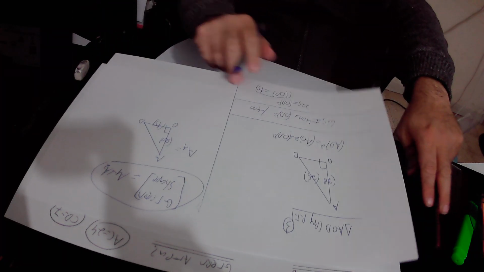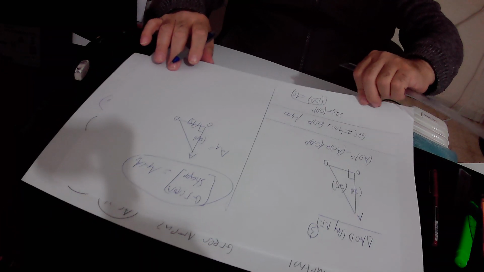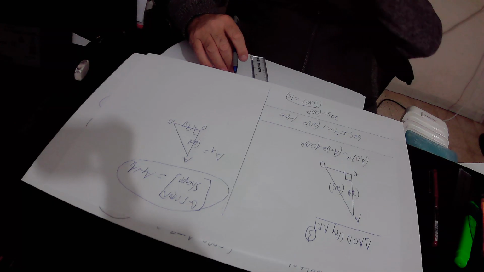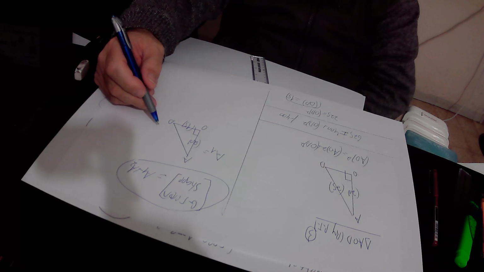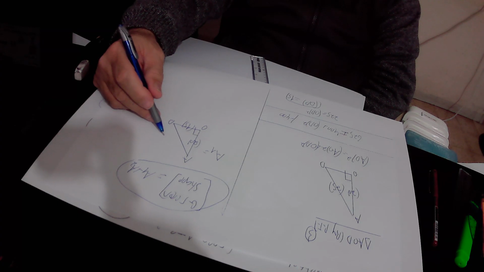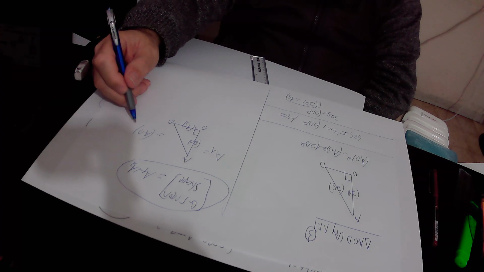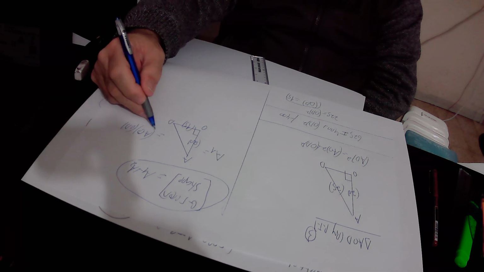So this is the green right triangle that I copied from the original drawing. Here, the area of this right triangle will be equal to AO times OD over 2.